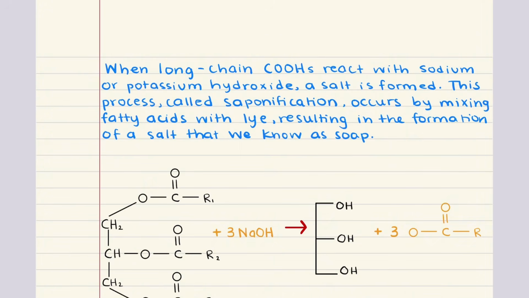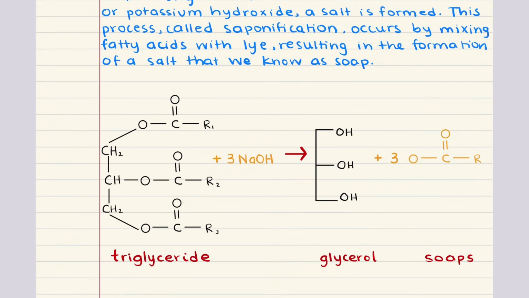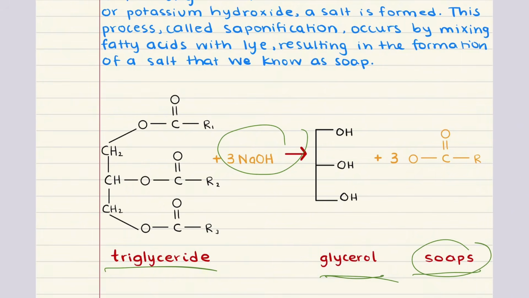And this reaction releases glycerol and 3 fatty acid salts, which we call soap. So in this reaction diagram, you see that the triglyceride reacts with 3 equivalents of sodium hydroxide, and the result is 1 glycerol molecule and 3 soap molecules, which are sodium salts of fatty acids.